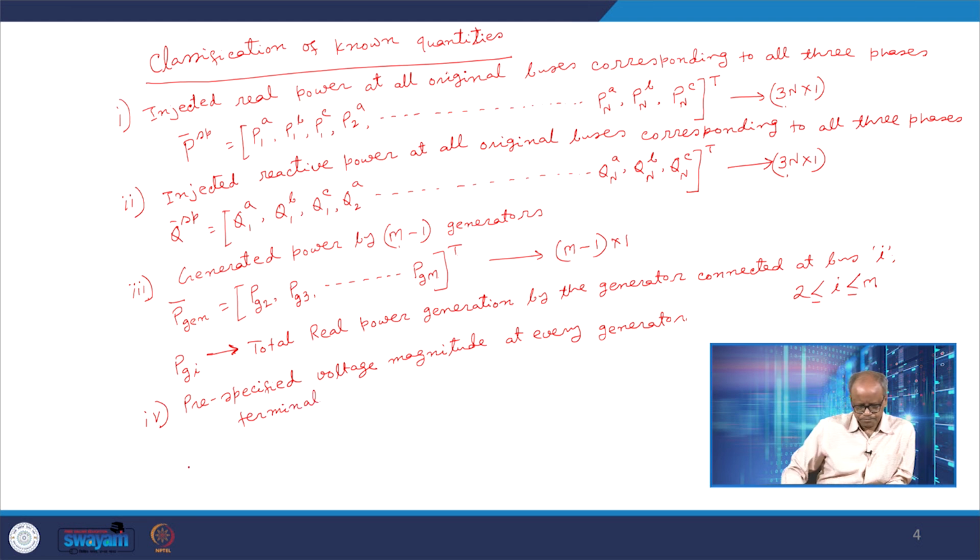We denote it as V specified, and this is V1 specified, V2 specified, up to Vm specified, transpose. So it would be an m cross 1 vector. What is Vi specified?